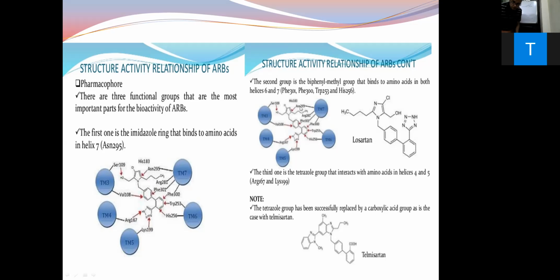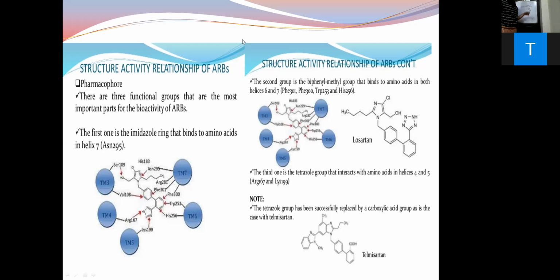Now this nitrogen is connected to a methyl biphenyl compound. It is connected to a biphenyl methyl group.